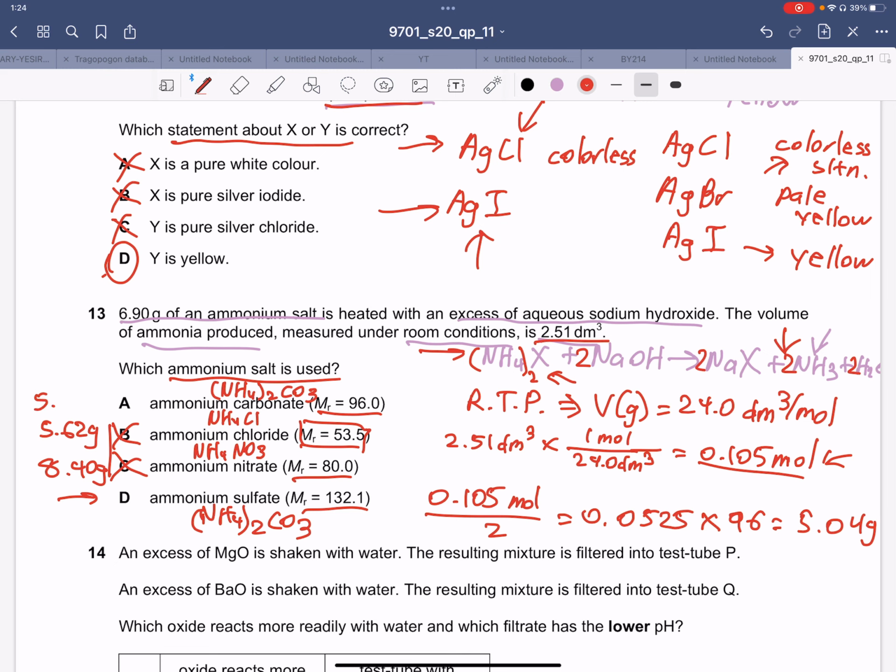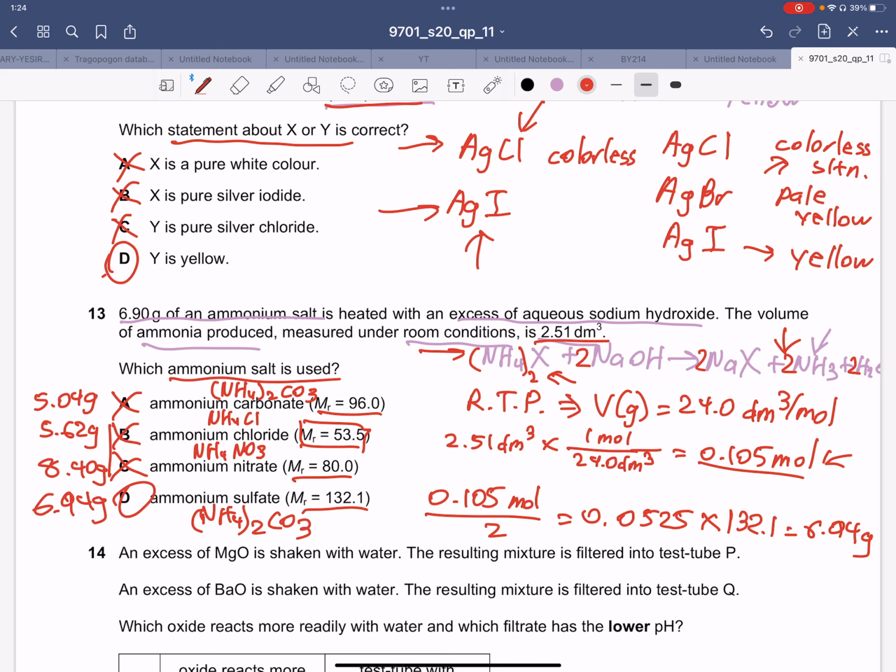If we were to plug in the other value, 132.1, plugging that into a calculator, 0.0525 times 132.1 gives you 6.94 grams. While that might not be exactly 6.90, we did round quite a bit in here, and it is the closest to 6.90 grams, therefore that is the correct answer.